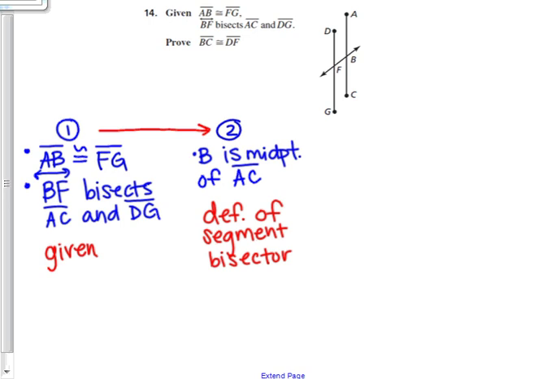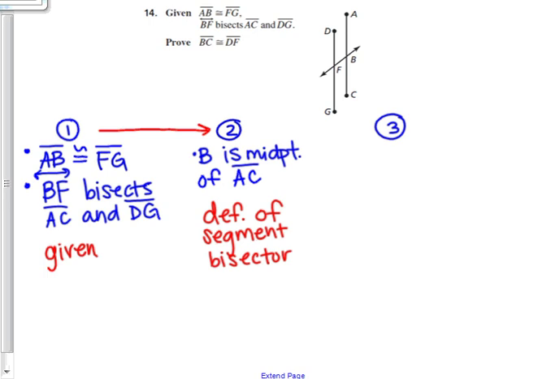So step 3, let's think about what we can say then. Well, if we know that point B is the midpoint of segment AC, I can say something about segment AC. So if B is the midpoint, I can say that from A to B, it's the same distance as from B to C. Because a midpoint splits a segment right in half. It creates 2 equal parts with equal distance.